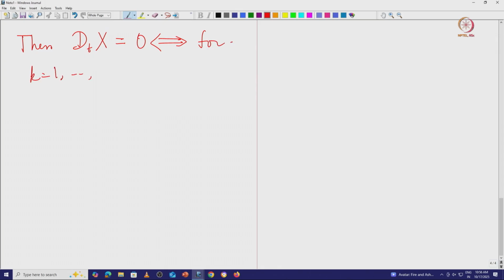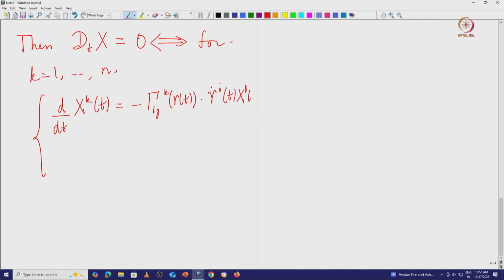For k equals 1 up to n, the components satisfy: d by dt of x^k is minus Gamma^k_ij of gamma of t times gamma dot^i of t times x^j of t. Okay, and x^k at t0 is simply v0^k. So now in order to connect this to my existence theorem for linear ODEs, let A of t be defined in the following way.